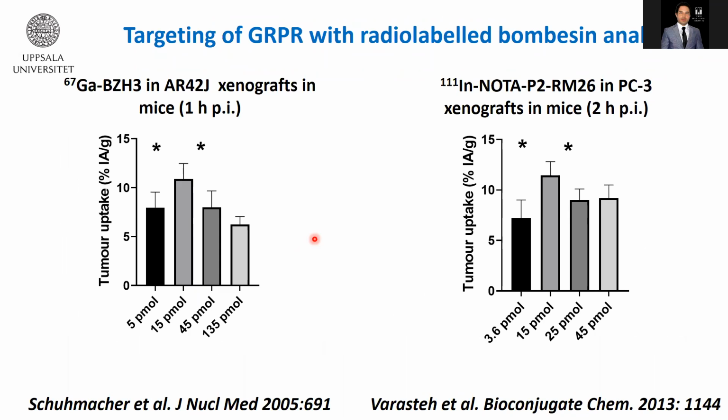Later on, it has also been demonstrated for other types of targeting peptides, for example, for an antagonistic analog of bombesin. It was shown by Schumacher and co-authors, where the highest tumor uptake, significantly higher, was obtained by injection of 15 picomole of bombesin per animal, while injection of smaller mass would result in lower uptake.